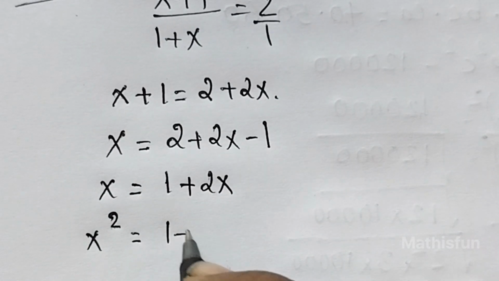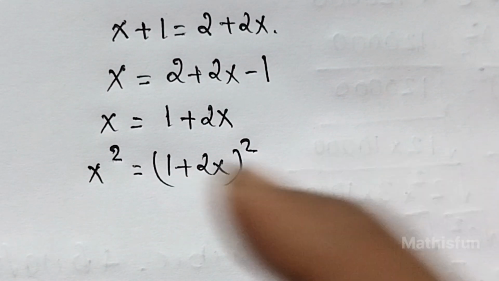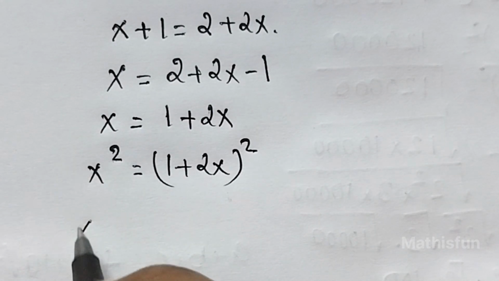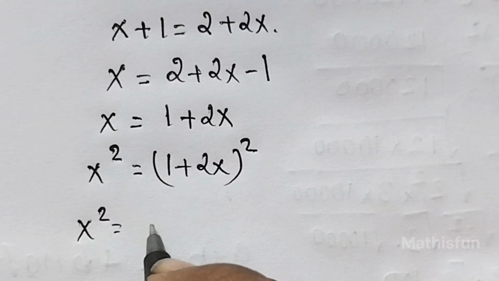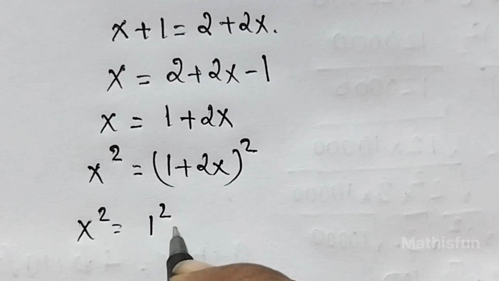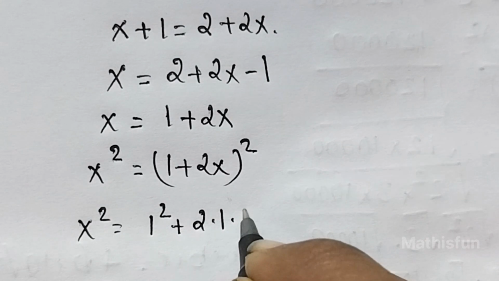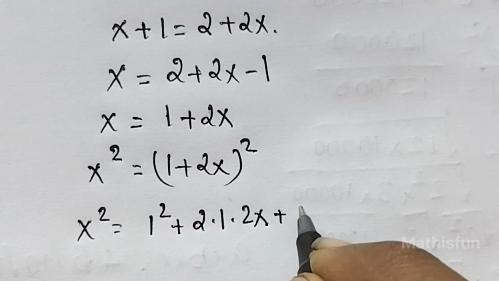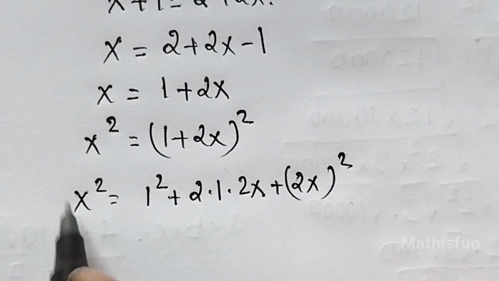That is x squared = (1 + 2x) whole squared. Next step: this is in the form of (a + b) whole squared, which is a squared + 2ab + b squared.